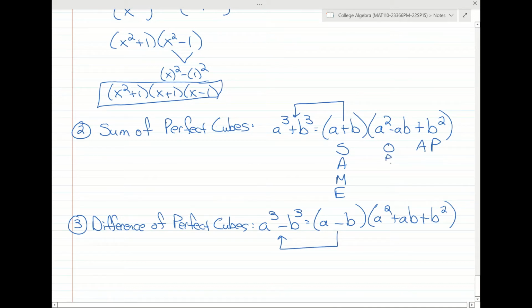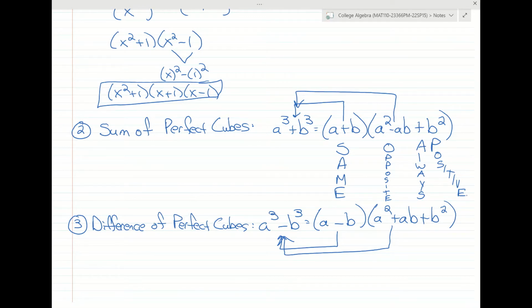The O would stand for opposite. If that's a minus sign, that's the opposite of the plus here. And then this last one is always positive. So that's how we remember those last two formulas.